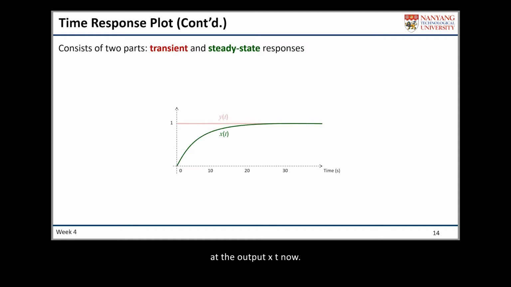At the beginning, the output will vary in time, and then after a certain time, the output will follow the input y(t). So from an engineering perspective, I can differentiate the output of a dynamic system into two parts.